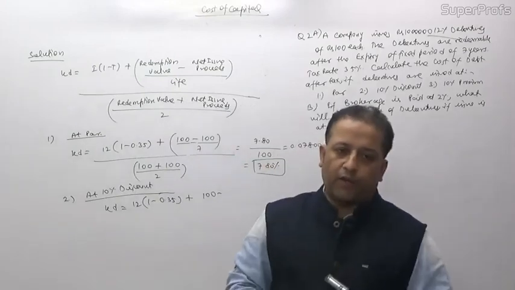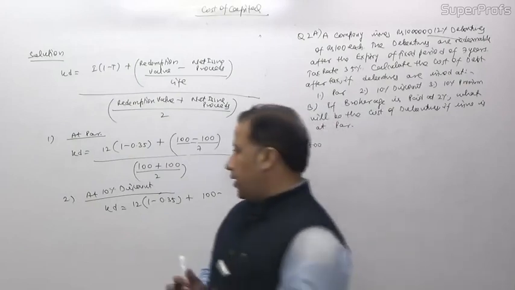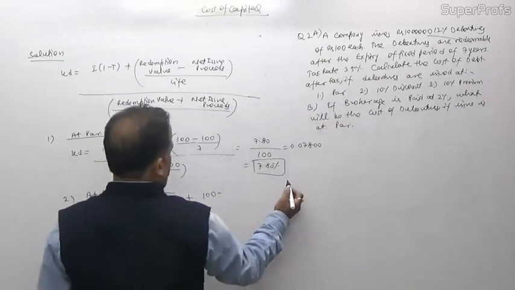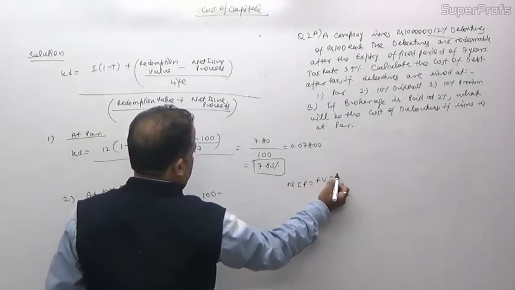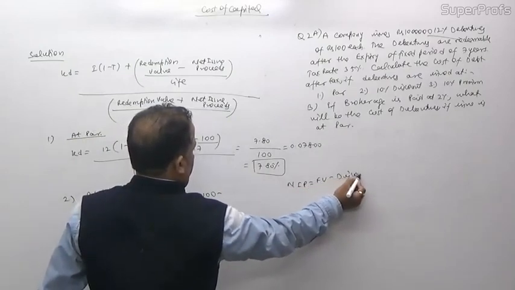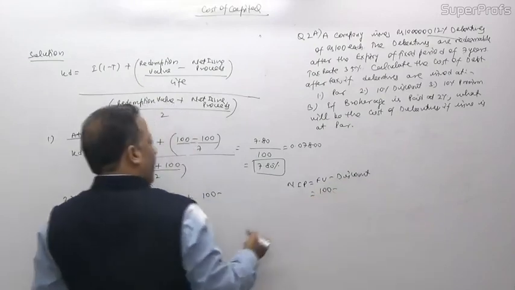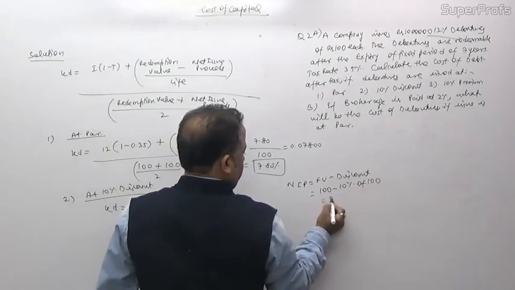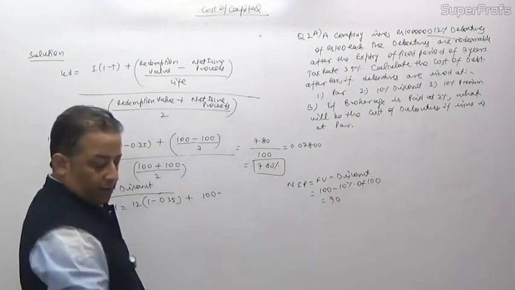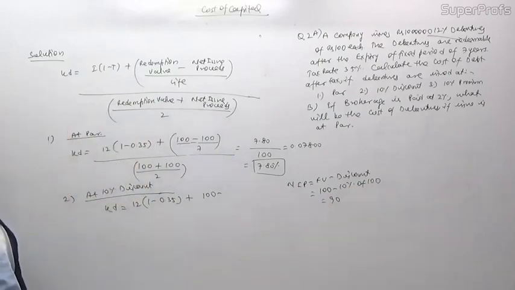After deduction of 10% discount, the net issue proceed is equal to face value minus discount. The discount is 10% of 100. So the final balance is rupees 90.